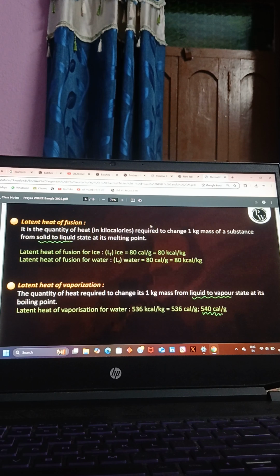Latent heat of vaporization is the quantity of heat required to change 1 kg mass of liquid to vapor: 540 calorie per gram for water, and 536 kilocalorie per kg.